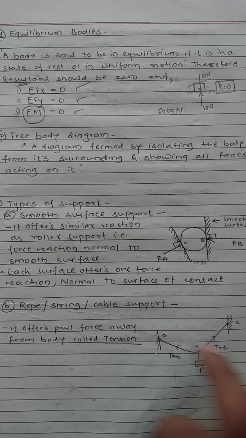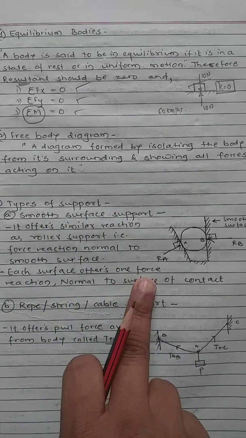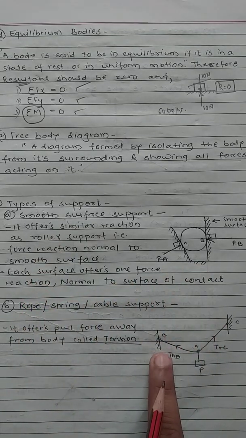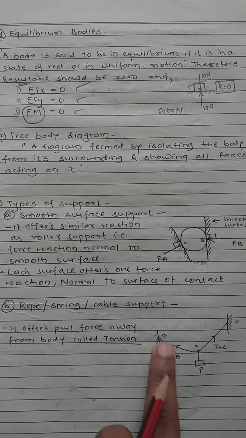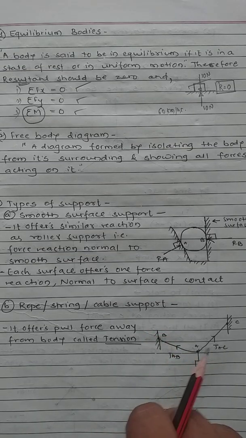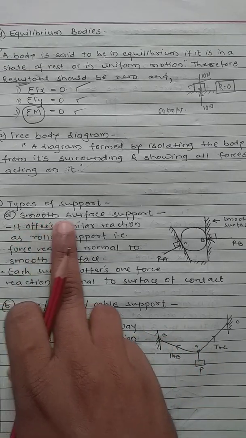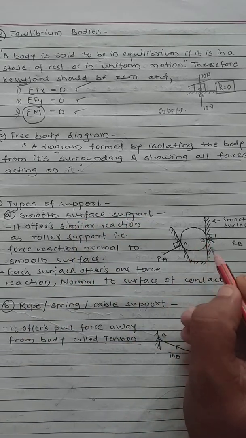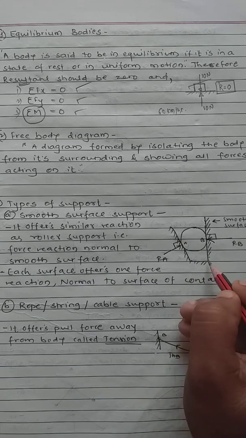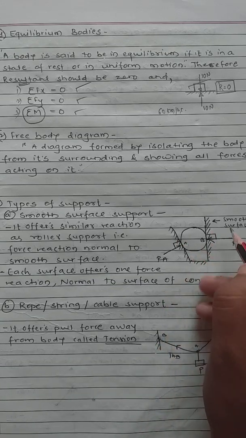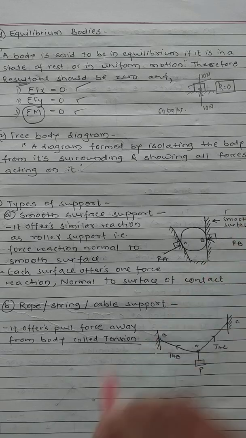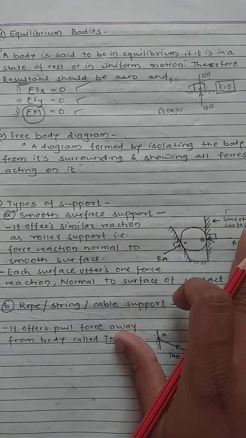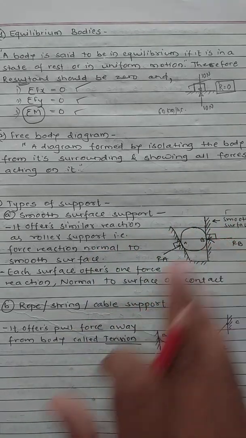Next important part is the types of supports. From here onwards we'll see these types of supports and these types of forces. Number 1 is smooth surface support. Here you can see there is one body which is simply resting on a surface, and it is mentioned that it's a smooth surface. Smooth surface means there is no friction, so it is a frictionless surface.